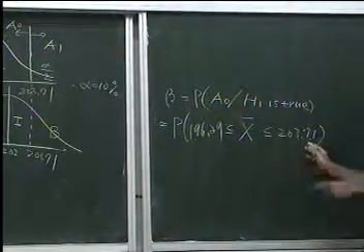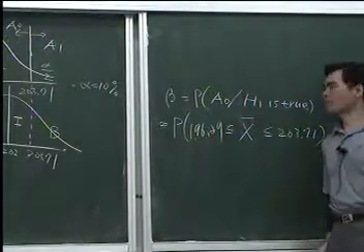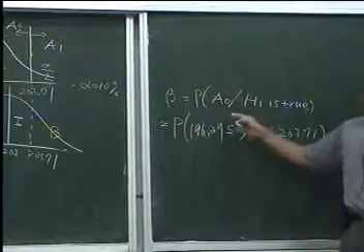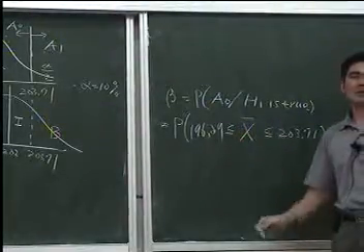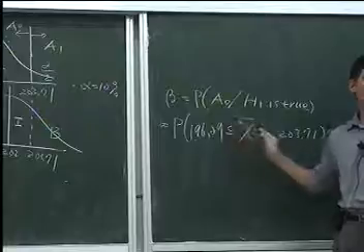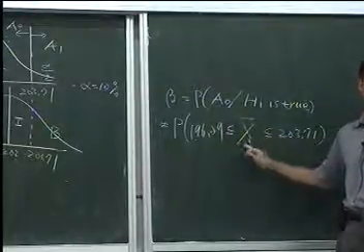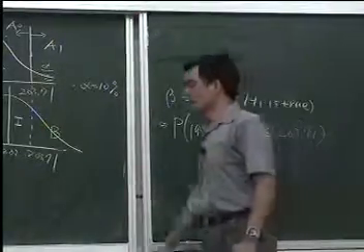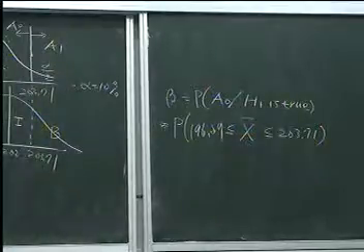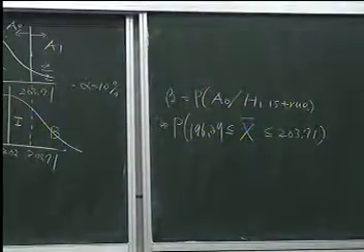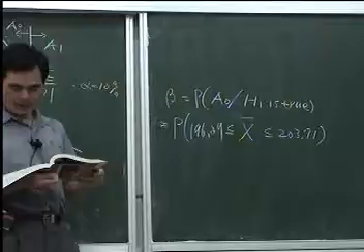So this area is beta. Basically, if you just follow this formula, you should be able to get it. I don't want to get to the calculation part, okay? If you have this, you should be able to get it. Let us move to the next example, okay?